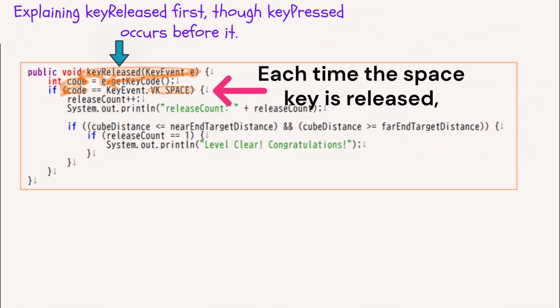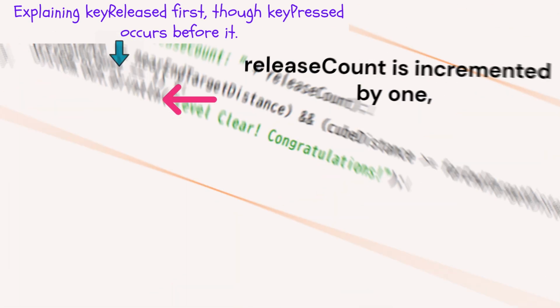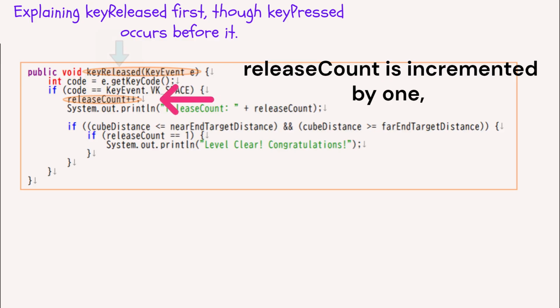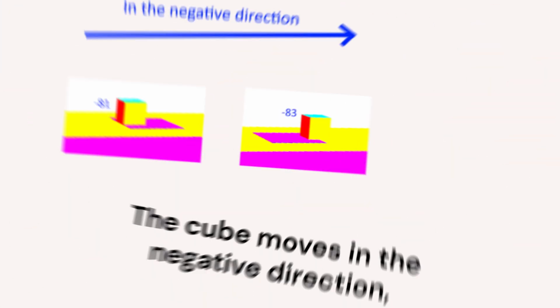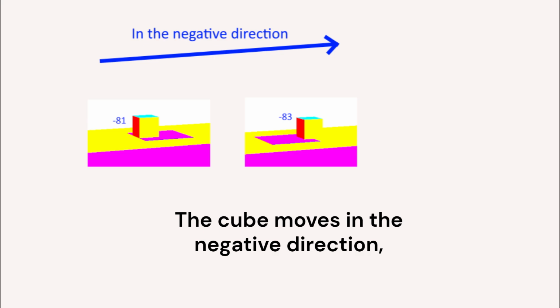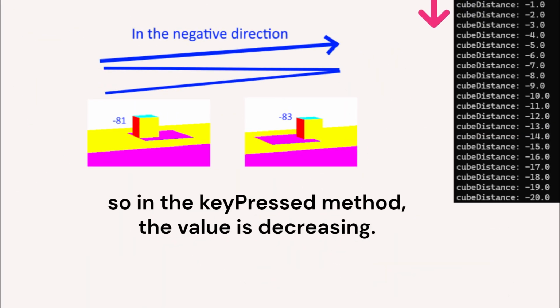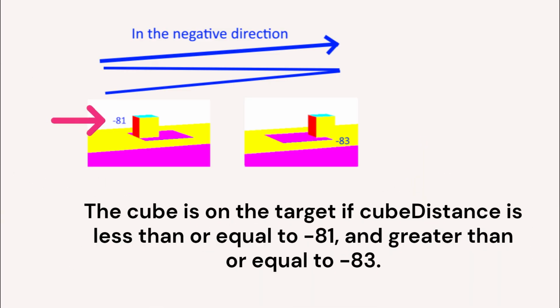Each time the space key is released, release count is incremented by 1, and release count is printed to the console. The cube moves in the negative direction, so in the keyPressed method, the value is decreasing. The cube is on the target if cube distance is less than or equal to -81, and greater than or equal to -83.